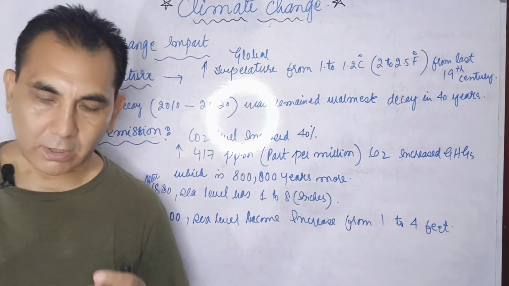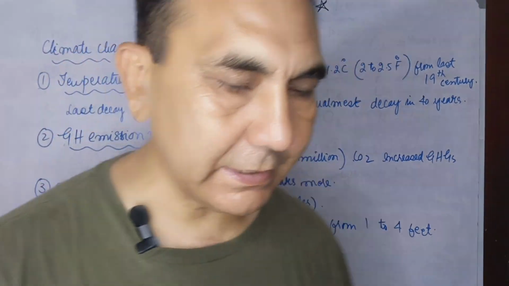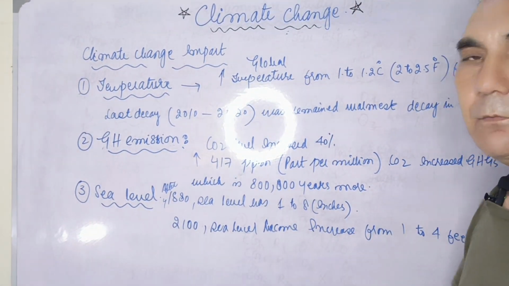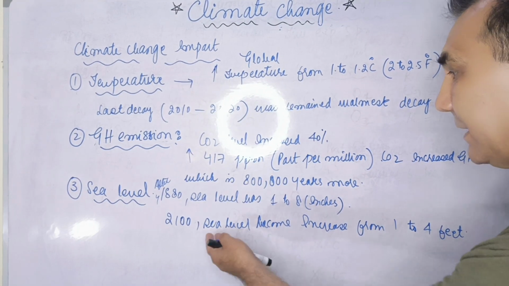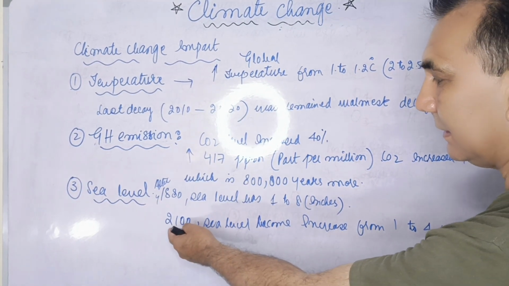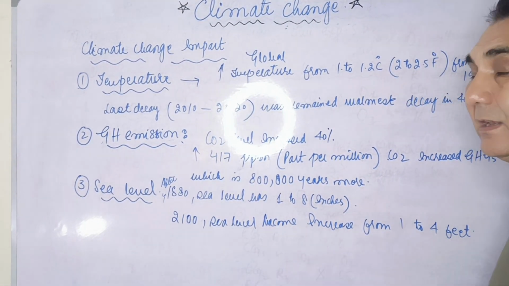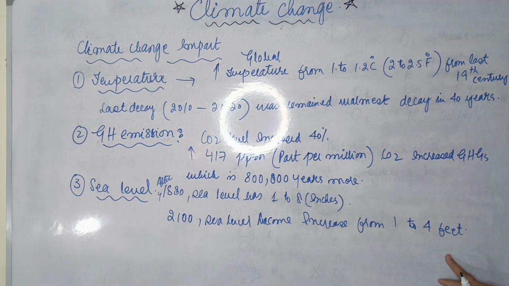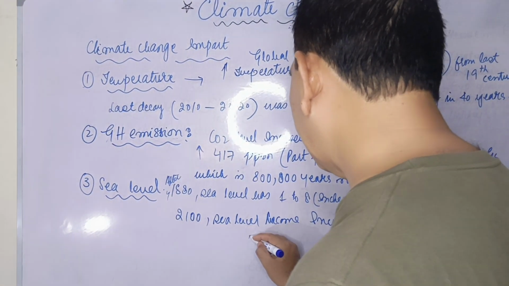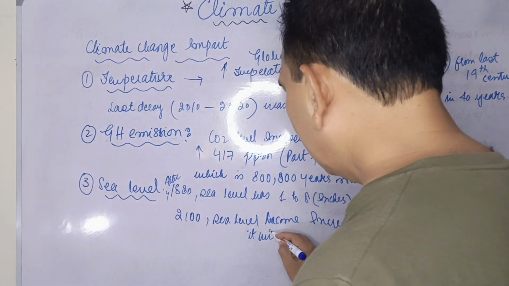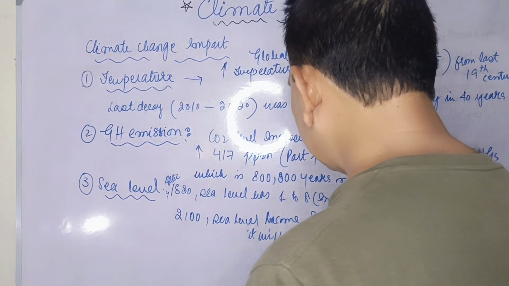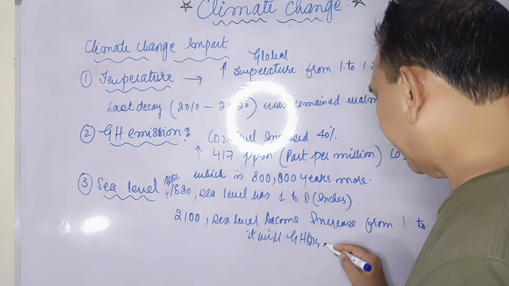So from 1880 till today, the sea level has increased by 1 to 8 inches, but by 2100, the sea level will increase by 1 to 4 feet. And it will definitely depend on the GHG, greenhouse gases, effect.